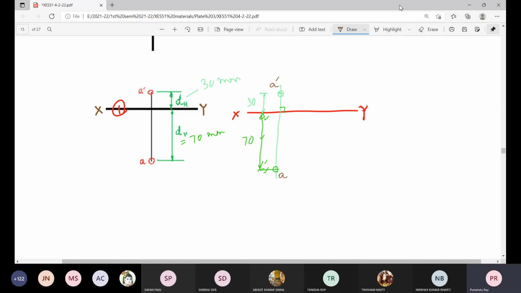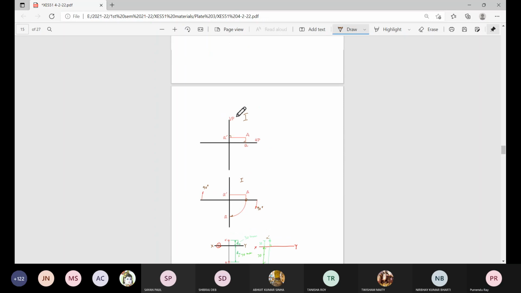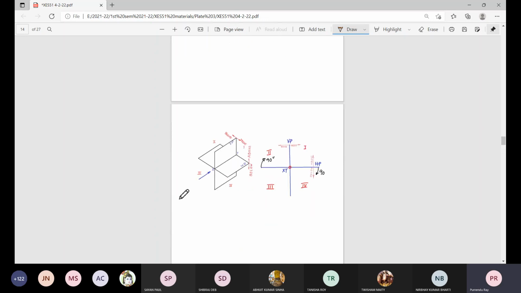Now, before that, this thing is very important, that we are seeing from this direction. We are not considering a 3D pictorial or model-like cardboard presentation. We are presenting the whole vertical plane in the form of a line. We are presenting the whole horizontal plane in the form of a line, not in this 3D form.